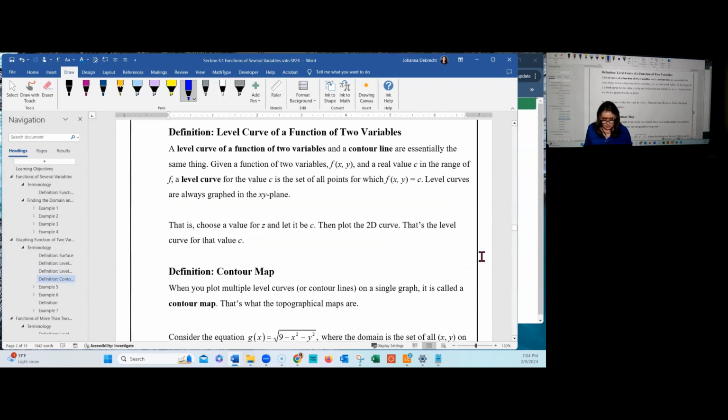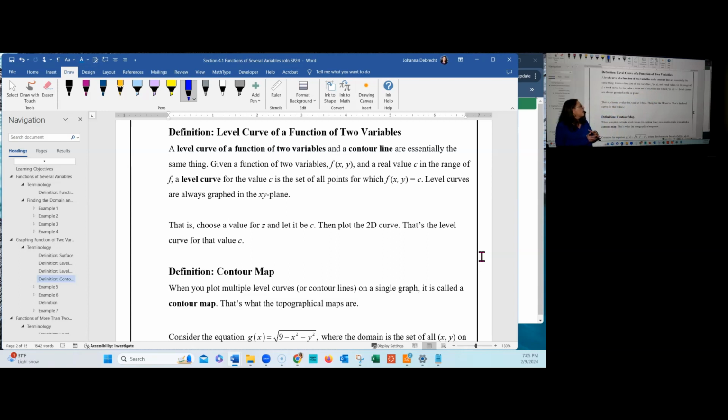The definition of a level curve of a function of two variables and a contour line are essentially the same thing. If you have a function of two variables, x, y, and you take some real valued constant c in the range of the function, then a level curve for that value of c is the set of all points for which the function equals c.